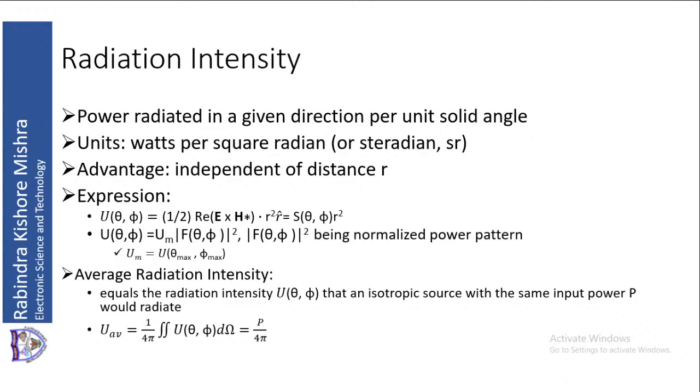All directions you take 4 pi steradian, so 1 by 4 pi comes from that. d omega is the solid angle. So you are integrating U theta phi over the solid angle and dividing it by the total angle, 4 pi. So that is U average.